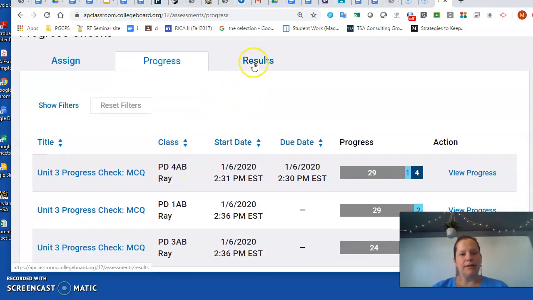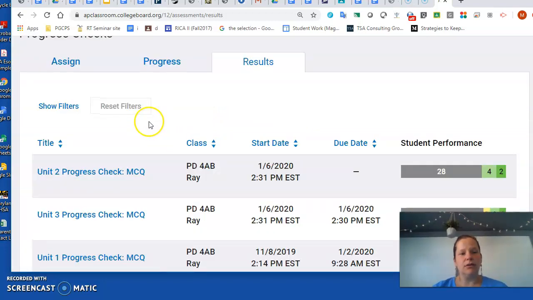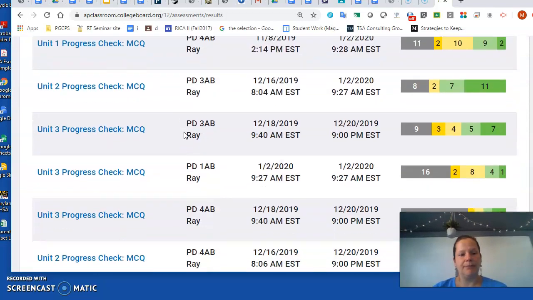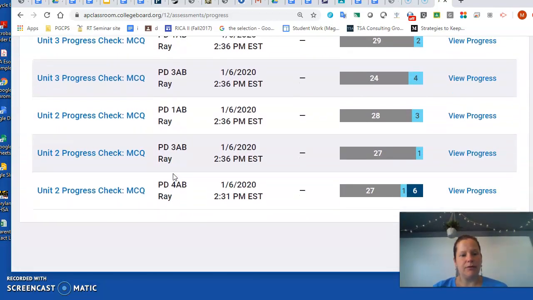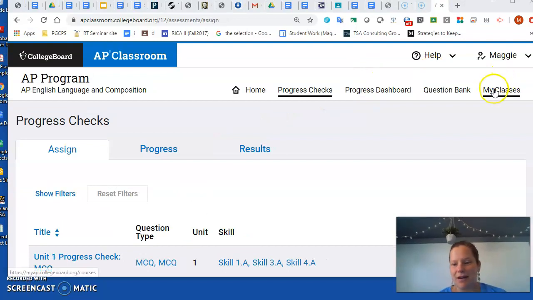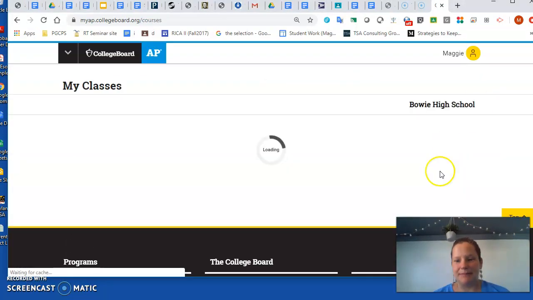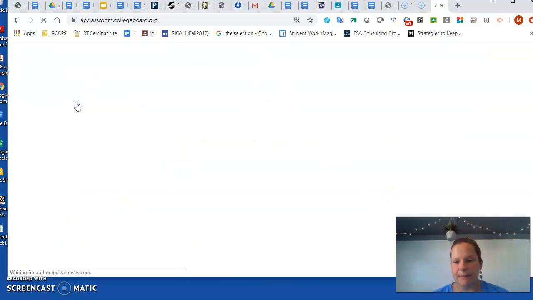Here's what you guys are actually looking for when you log in. Alright, you can tell that it's a challenge to find all of these particular items. So bear with me for just one second.